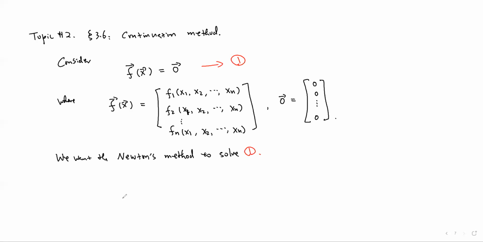But Newton's method has some drawbacks. One is that the starting point should be close to the root that we want to find. Otherwise, there is no guarantee Newton's method will converge.